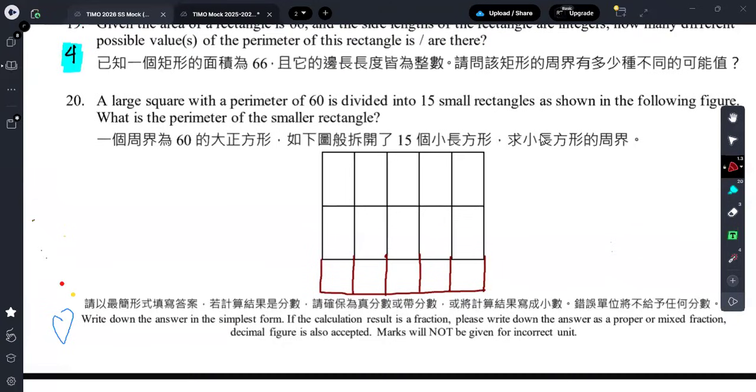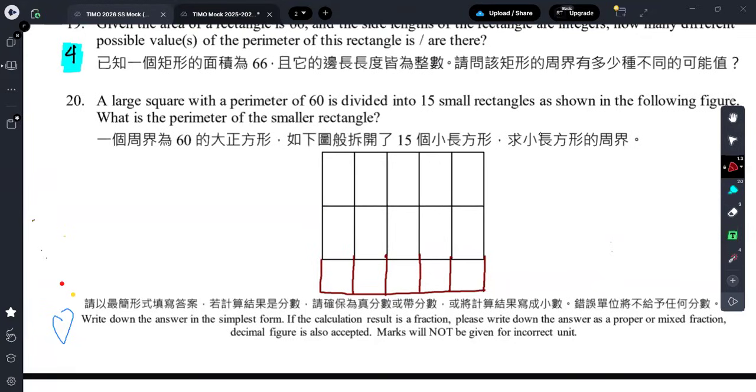Assuming that this is a rectangle, a large square divided into 15 smaller rectangles as shown in the figure below. What is the perimeter of the smaller rectangle?